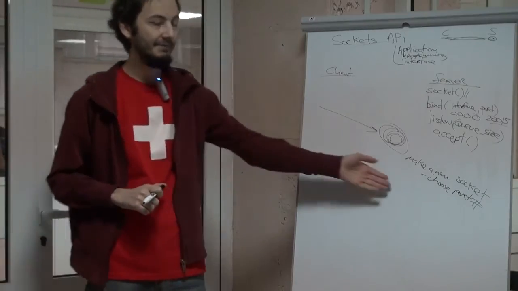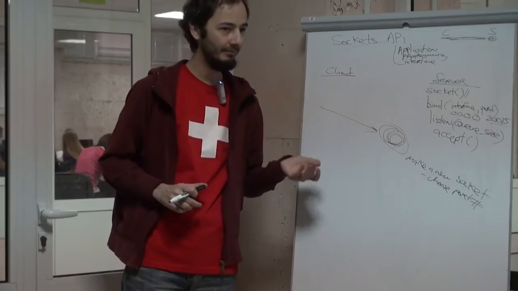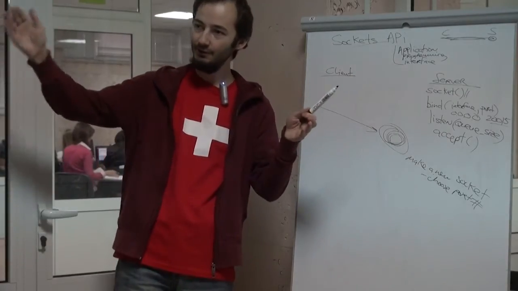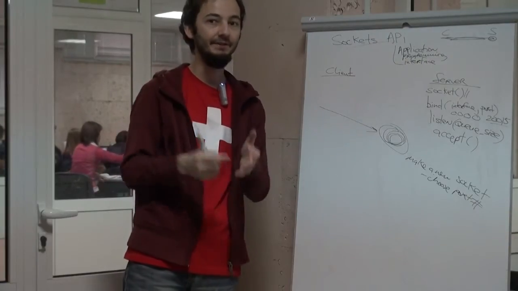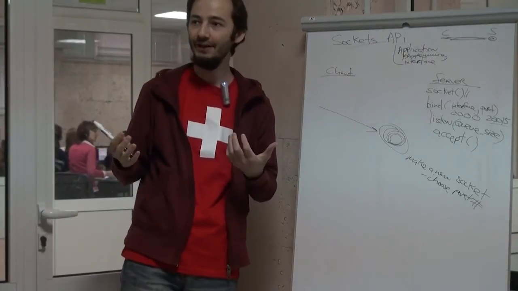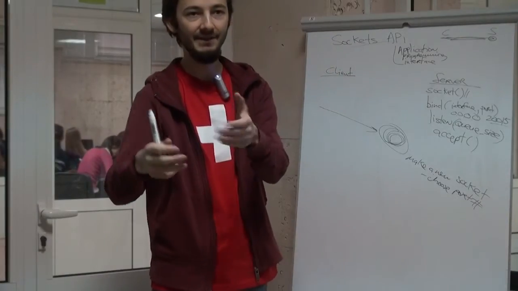And how does it make that choice? It chooses a port randomly, or it has some list of available ports and it takes one of them. If it has the list, it means that there has to be some data structure. You have to go into that data structure, find what element is available.